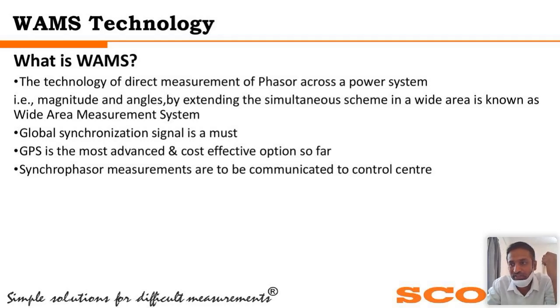So various organizations in India started implementing the wide area network. That is where we measure the direct phase angle and also the magnitude using GPS, global signal synchronization. These are all very important in the WAMS network.